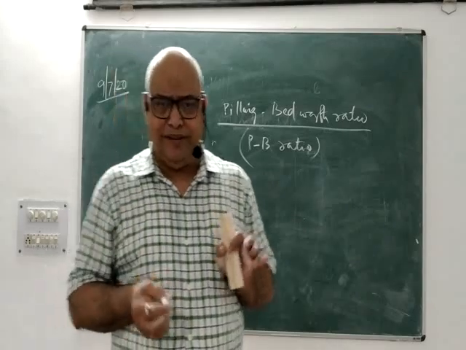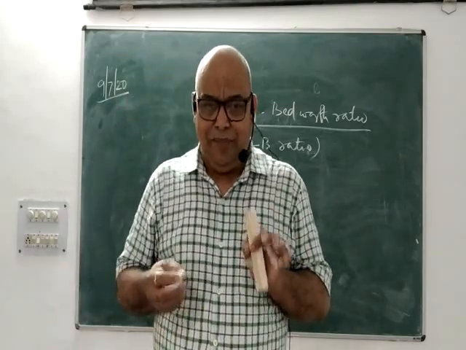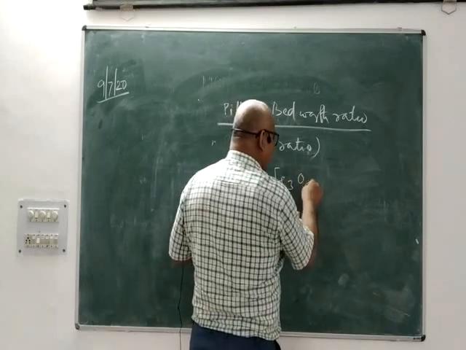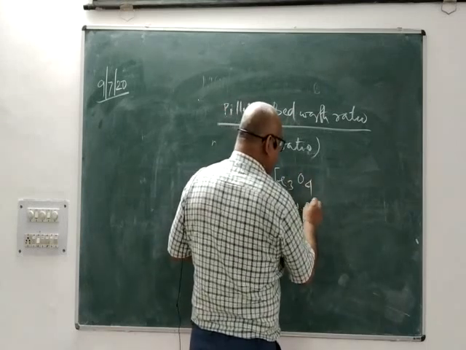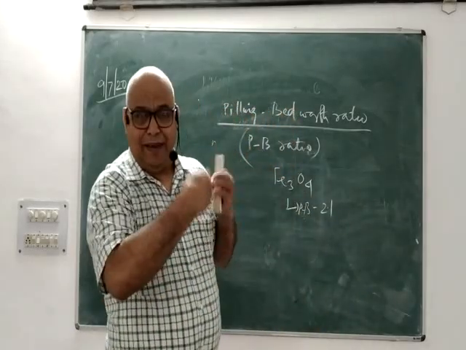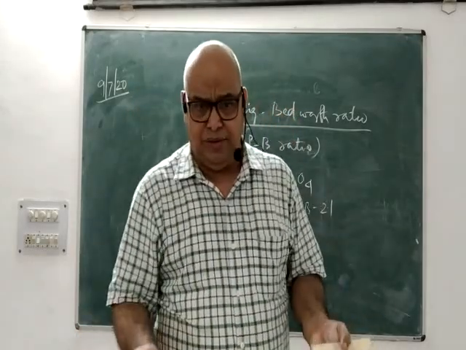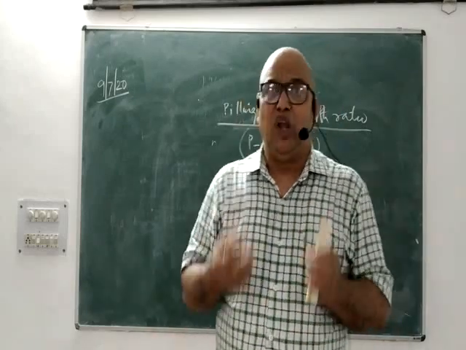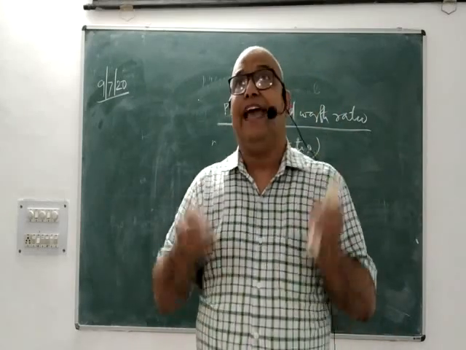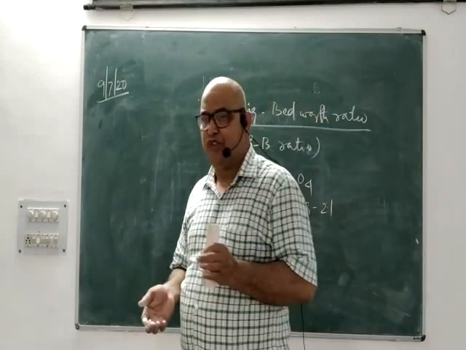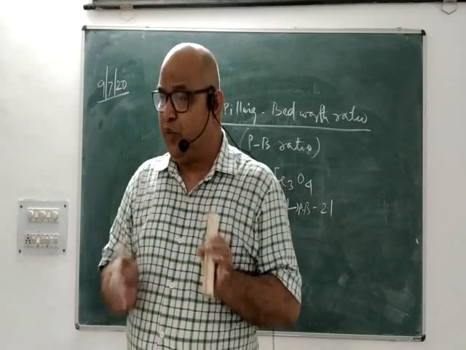For example, for magnetite, Fe3O4, the formula of magnetite is Fe3O4, the PB ratio is 2.1. By using this, we can find out the volume of the oxide layer. As all of you know, the volume of the oxide layer can be calculated by multiplying the volume of metal loss by the PB ratio.